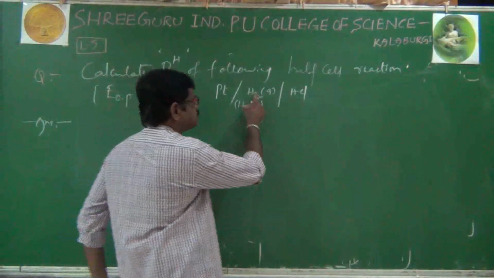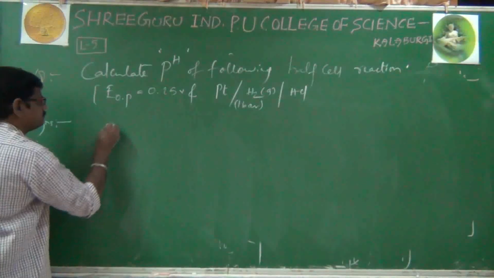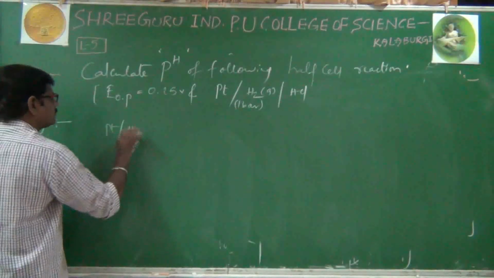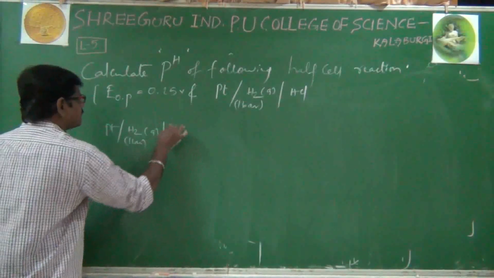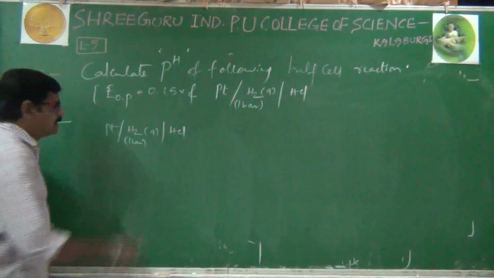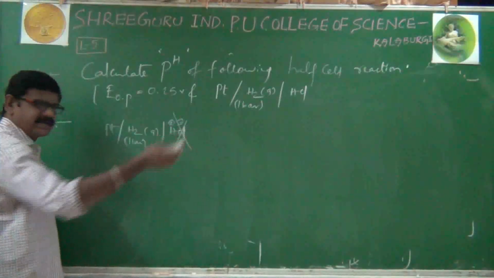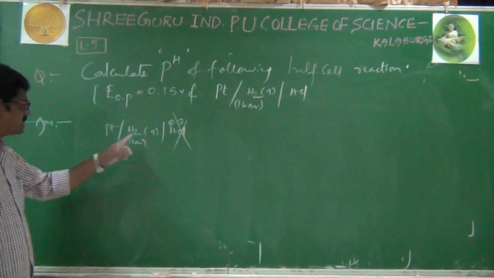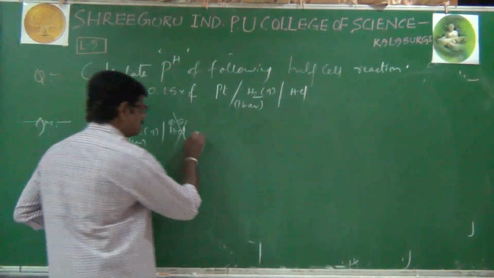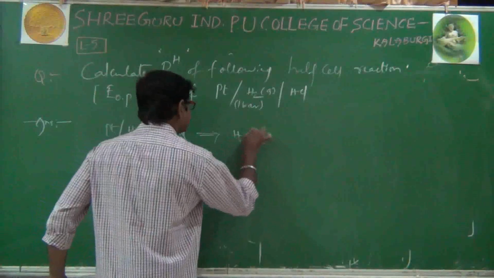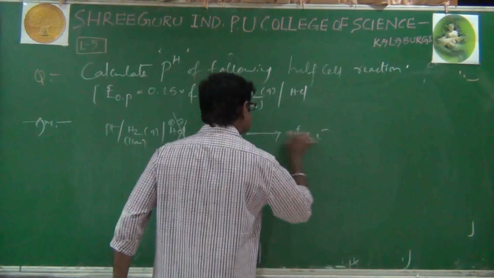See here, I'll write the symbol once again: platinum oblique H2 1 bar gas oblique HCl. It is a hydrogen electrode. HCl means H plus and Cl minus. Cl minus we can neglect, not necessary. H2 converted to H plus. What is the reaction? It is an oxidation reaction. H2 by losing electron converted to H plus.